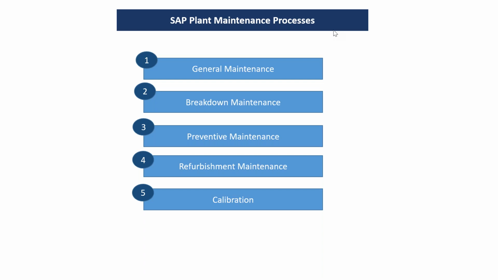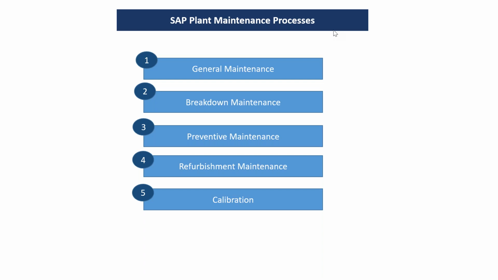For that, if you have observed or inspected any issue, you need to notify the team by creating a notification. The same notification will be sent to the maintenance team, and then the maintenance team will take action accordingly. So that is general maintenance.